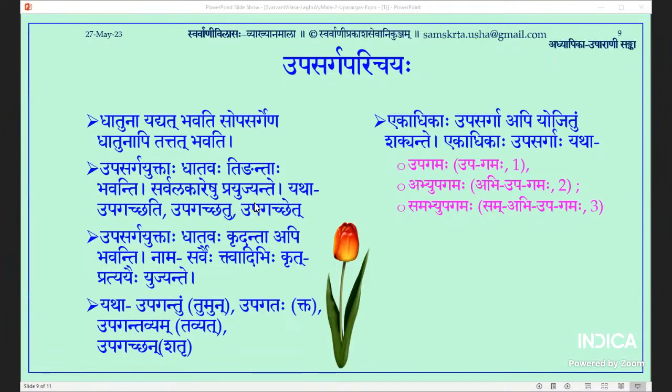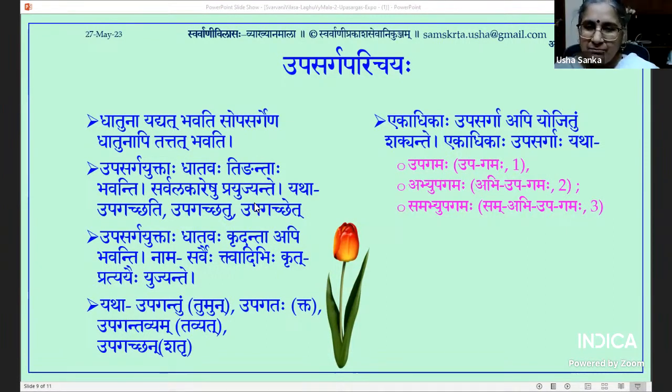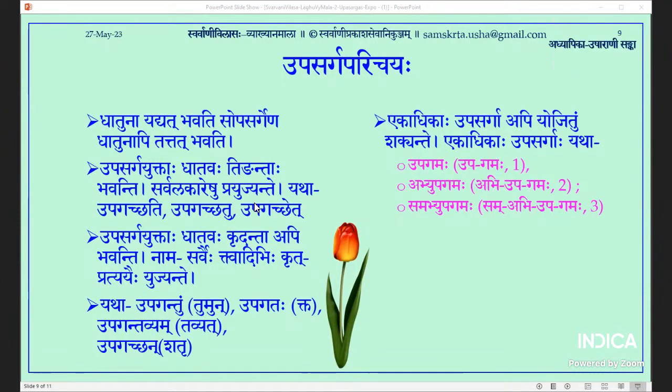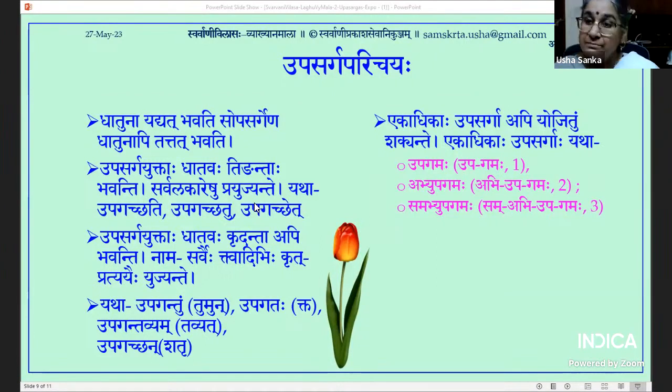Yes, Bhagini. Upagama, upa is the upasarga, gam is the verb, only one upasarga. Abhyupagamaha, abhi and upa, both are upasargas and gam is the verb. Correct.